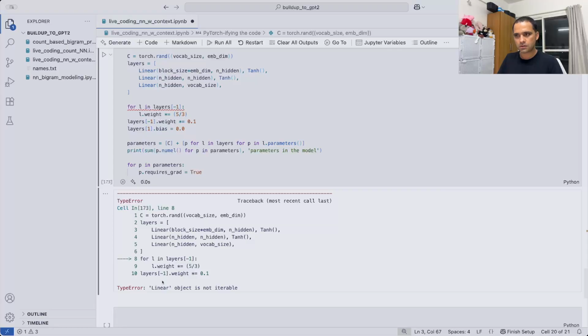Linear object is not iterable. What does that mean?